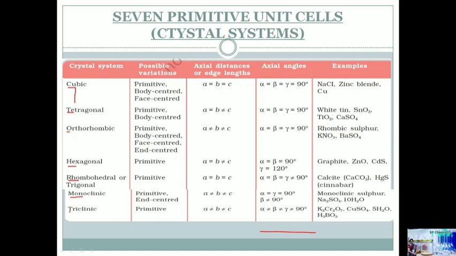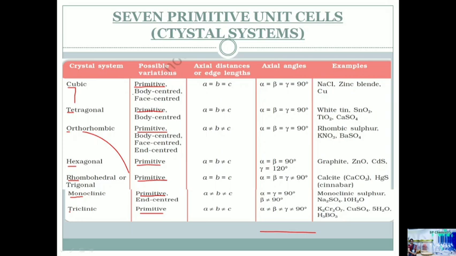Then for possible variations in all 7 crystal systems, the primitive variation is possible. Everywhere we can write primitive. So the primitive unit cell is possible in all 7 crystal systems.